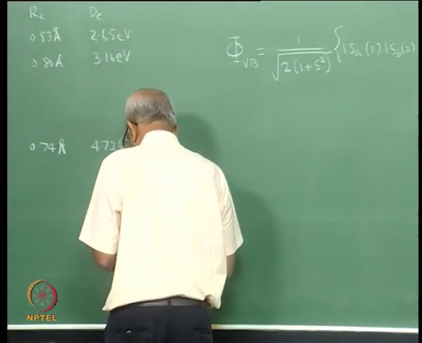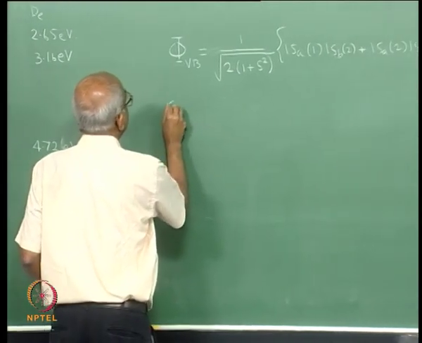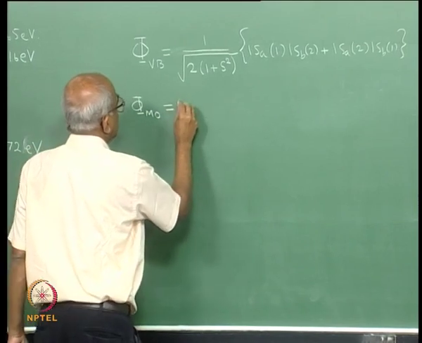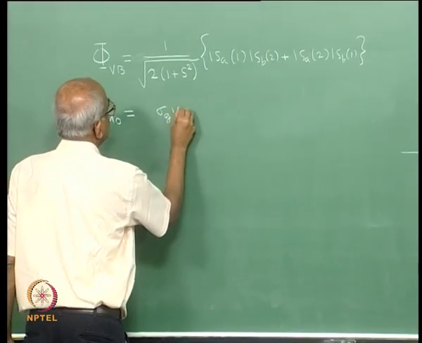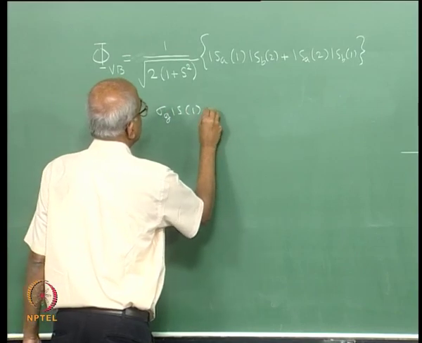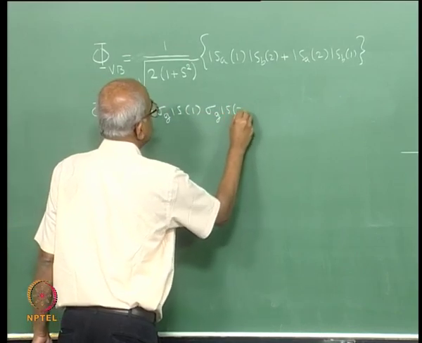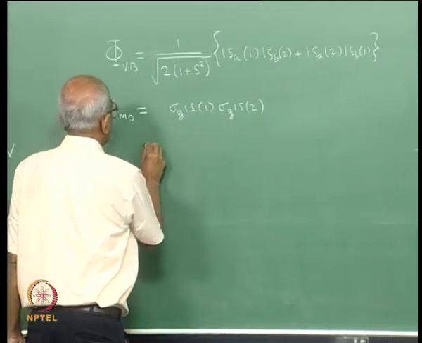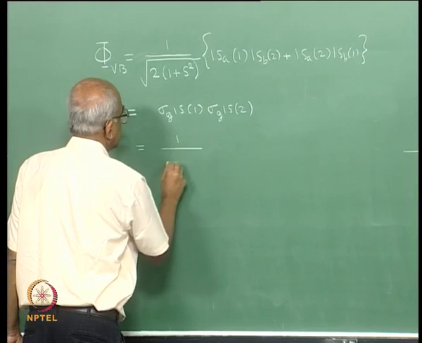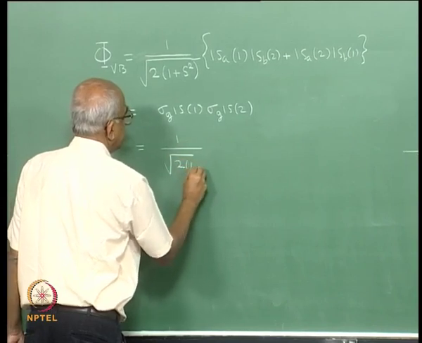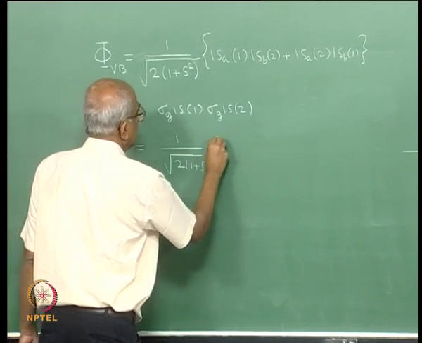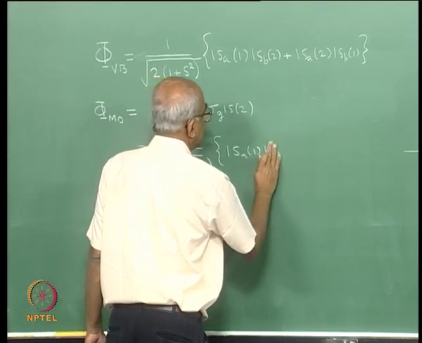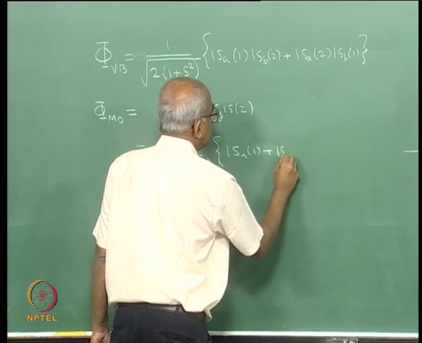And now, we will look at phi MO once again. What is phi MO? It is sigma g 1s with the first electron and sigma g 1s with the second electron. And what is sigma g 1s? Let me remind you, it is given by 1 by square root of 2 into (1 plus S) into (1s A plus 1s B).